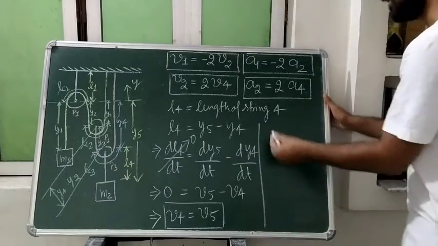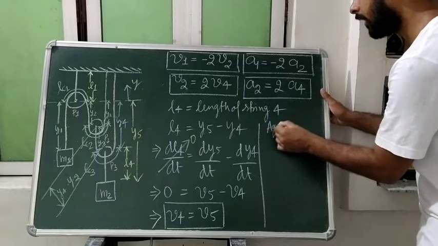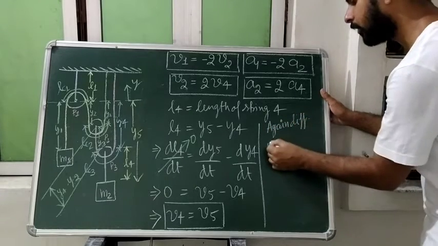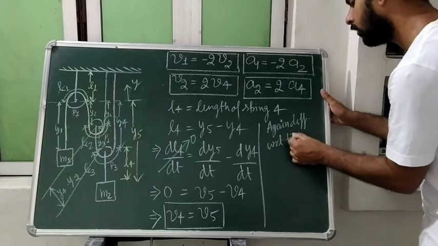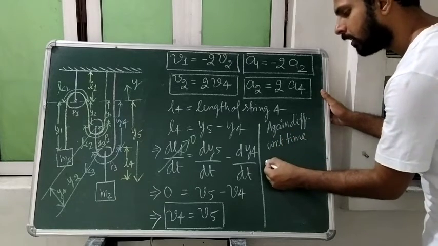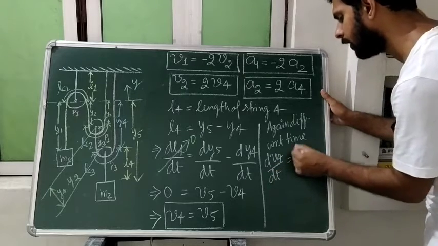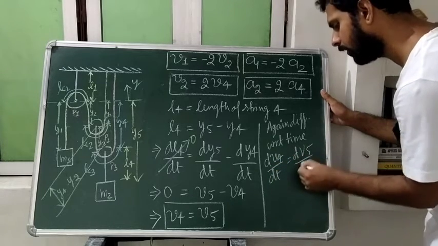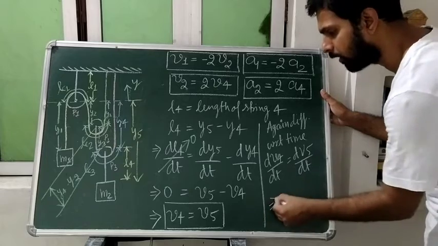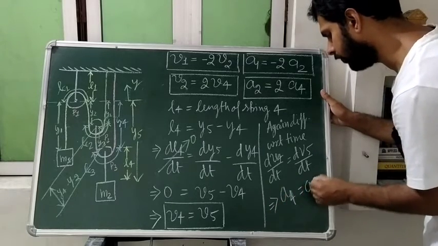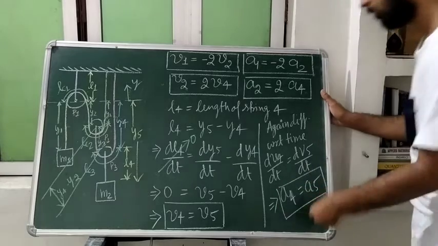And again differentiating with respect to time, what will we get? This del V4 upon del t will be equal to del V5 upon del t, meaning our A4 will also be equal to A5. Okay?